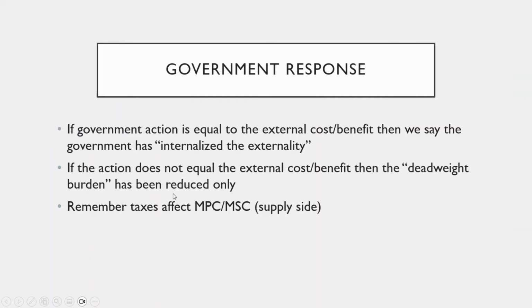If the government is trying to equal the external benefit, then we say the government has internalized the externality. If they don't fully do this, then there's still going to be some deadweight loss, but it might be a smaller triangle. It's been reduced. Remember, taxes affect MPC, MSC. They are supply shifters.